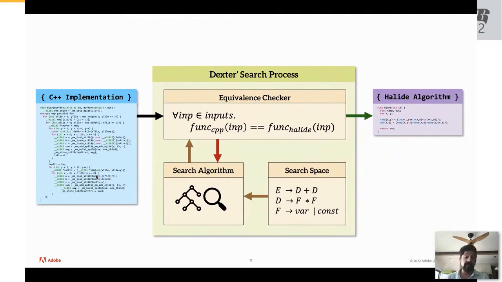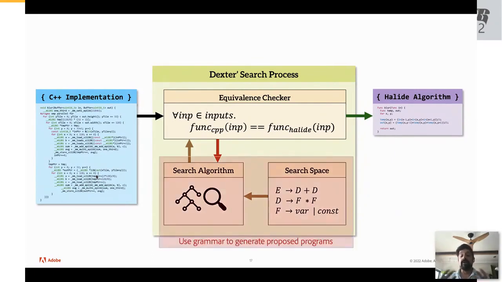And then we have a search algorithm, and the combination of those two generates a proposed program that then gets passed to an equivalence checker that tries to check whether the proposed program is semantically equivalent to the original program.